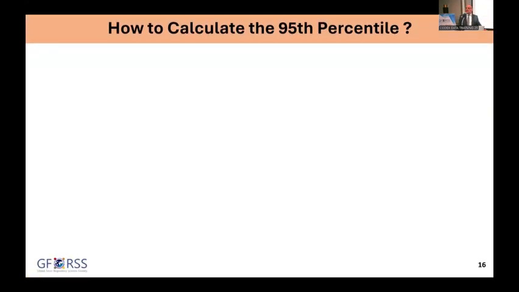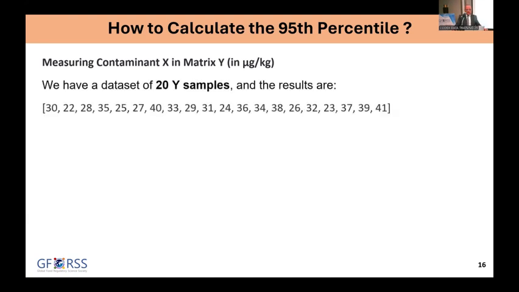So how do we calculate it? I'm going to bring the two ways, the manual and the electronic way of calculating the 95th percentile. Let's say we have to measure a contaminant X in a matrix Y, and I got 20 samples of this product, and I measured the contaminant level.